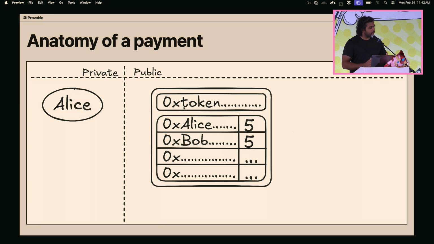At a high level, this is how transfers work in the account model. But if you squint a little bit, you'll also see that this is how they work in the UTXO model. There is a public ledger. It contains some public balances, and that tracks how much everybody has.